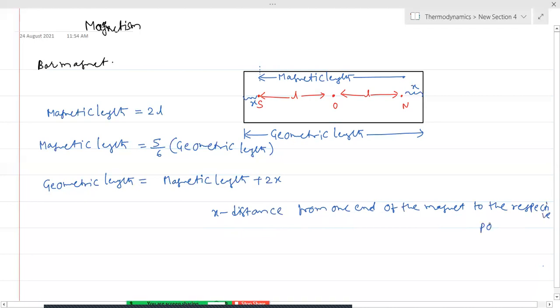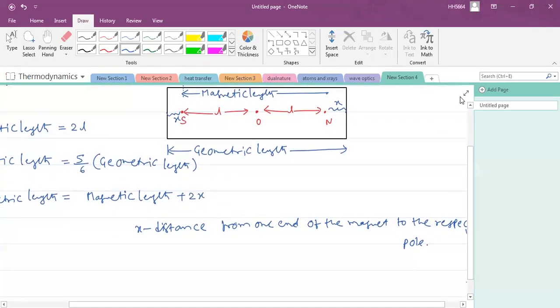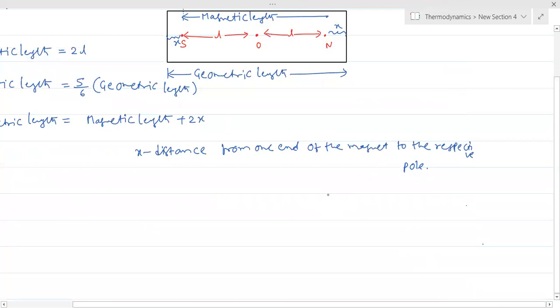So this is about a bar magnet and their respective poles.